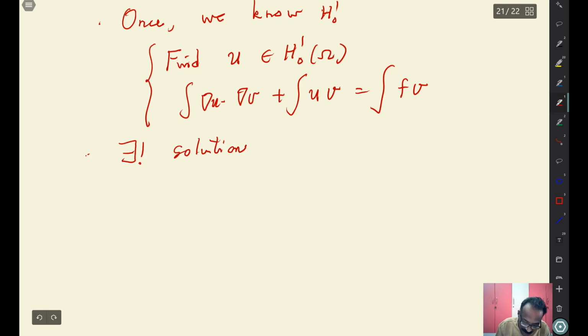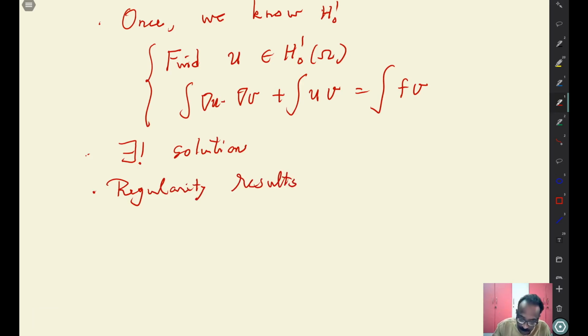And there are regularity results. If you have some regularity of the domain, regularity results are available. If you have more and more smoothness in f, you get more and more regularity, and if f is very nice, you get nice solutions.